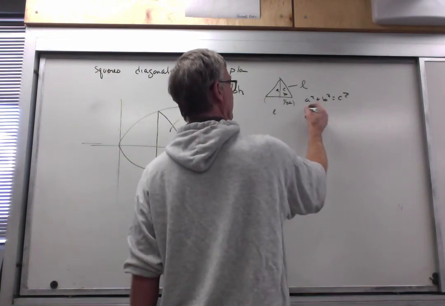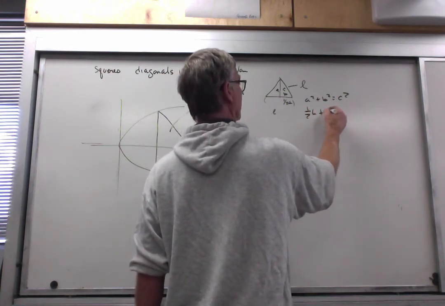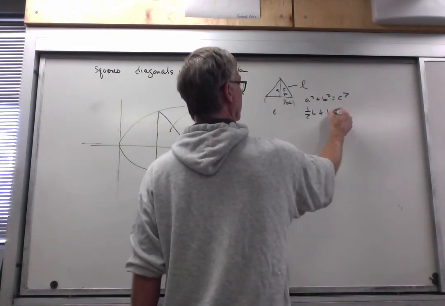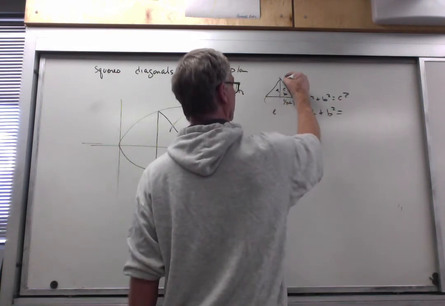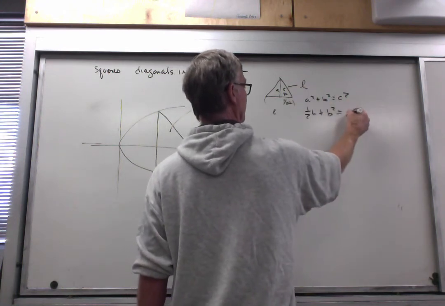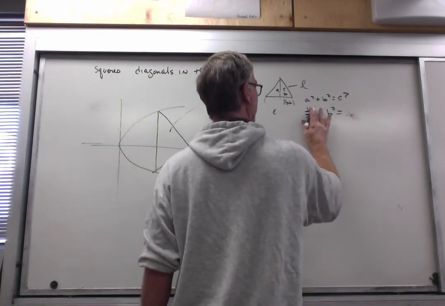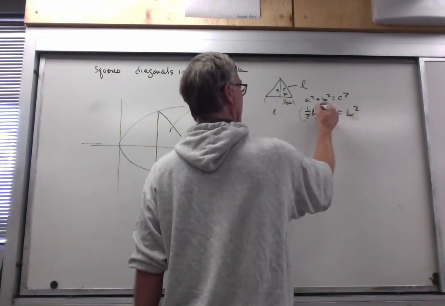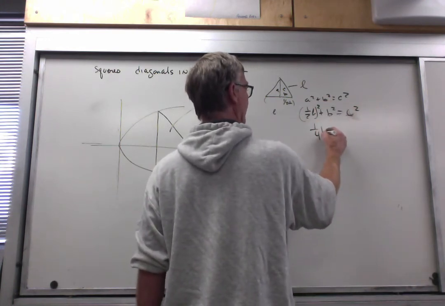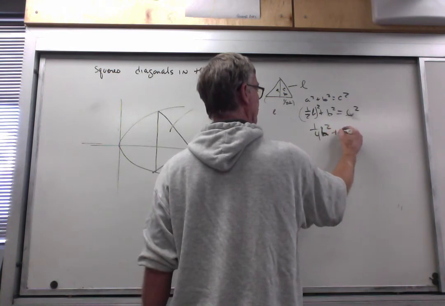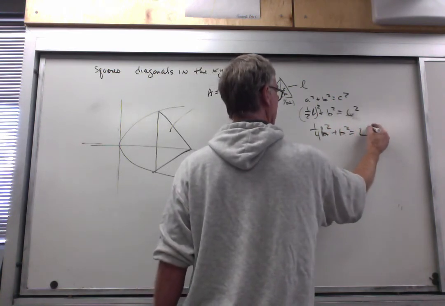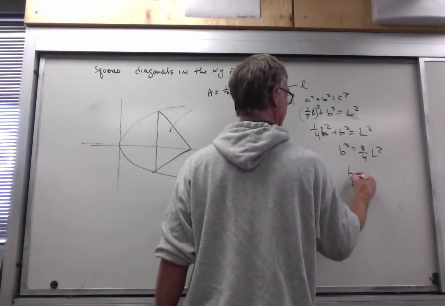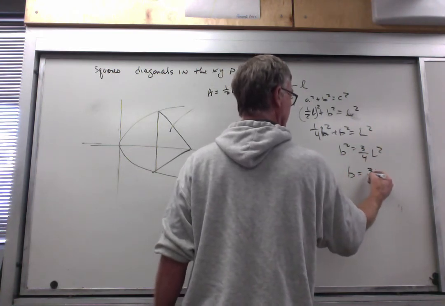This would be 1/2 L plus B squared is equal to C squared, which would be L squared. And so this is 1/4 L squared plus B squared is L squared. And B squared then is going to be 3/4 L squared, and B then is square root of 3 over 2 L.